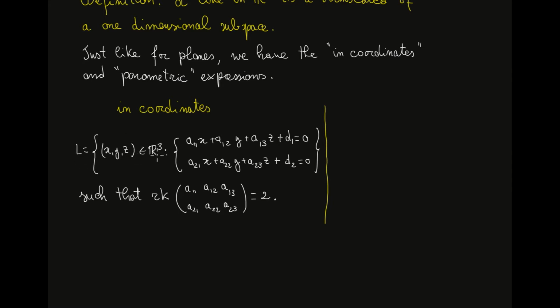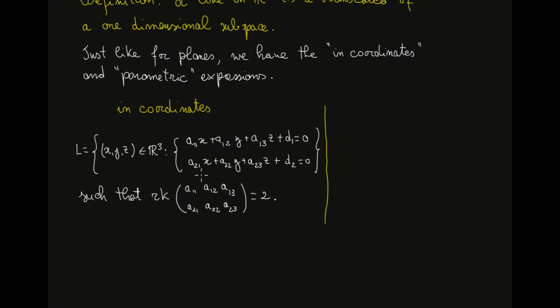And since they are elements of R3, we impose conditions on their coordinates, x, y, and z. They have to satisfy two linear equations simultaneously. And moreover, there must be a condition on the coefficients of the variables, which we denoted with two indices in order to impose this condition more easily in terms of matrix notation.